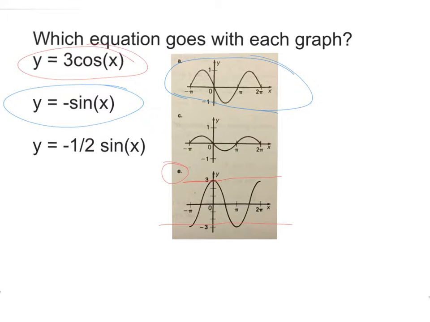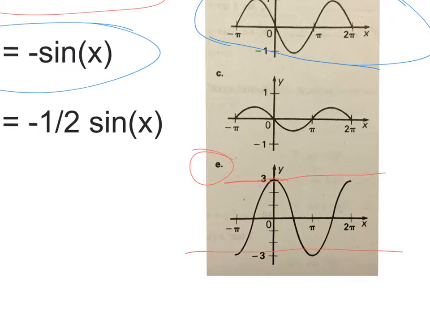And you'll see here, if we look closely at this graph, we're only going down to 1/2 and we're going up to 1/2. So we've got an amplitude of 1/2. Okay? Does that make sense? Right now we aren't shifting these at all. We're just stretching them or compressing them vertically.